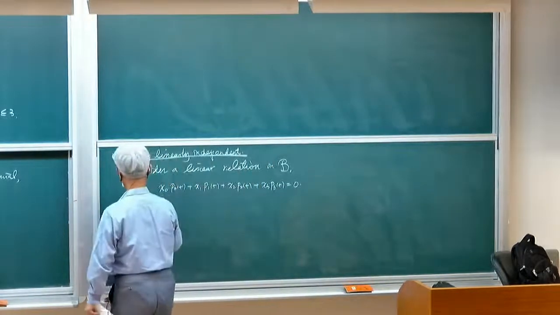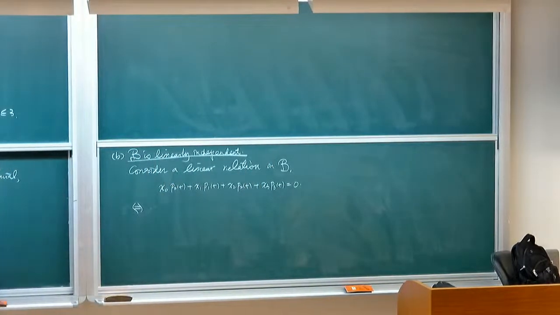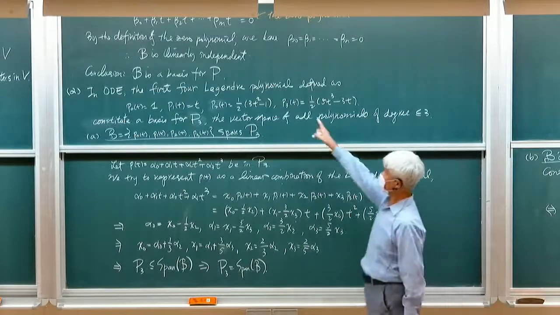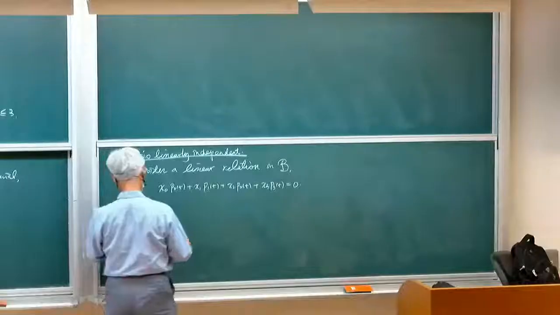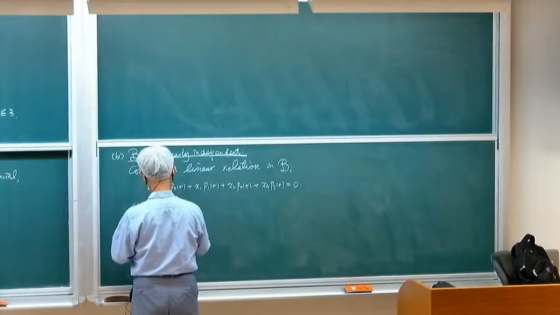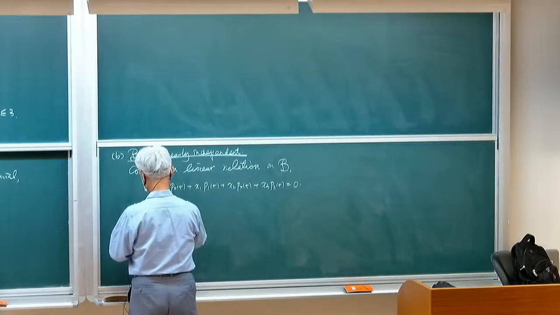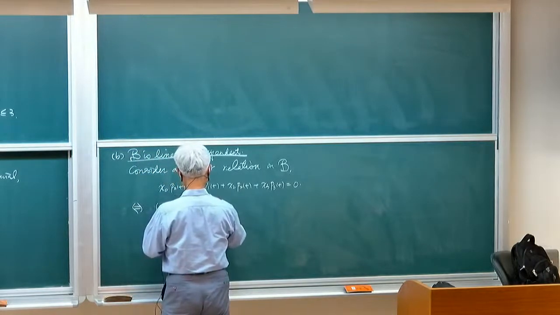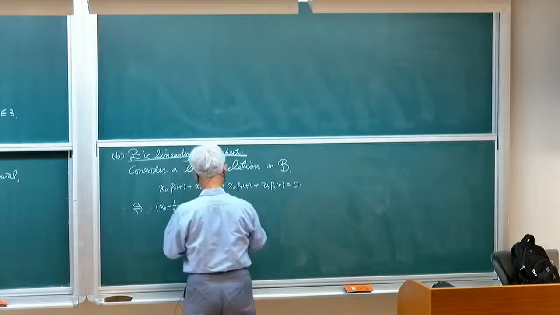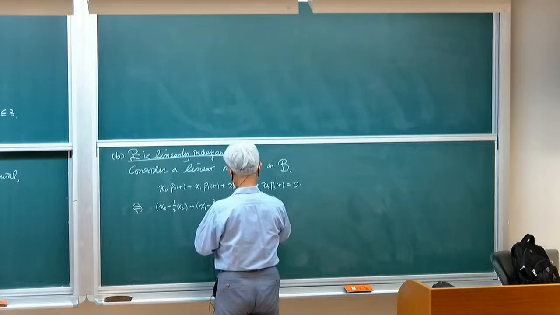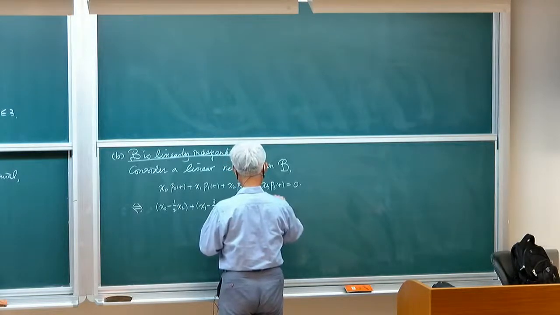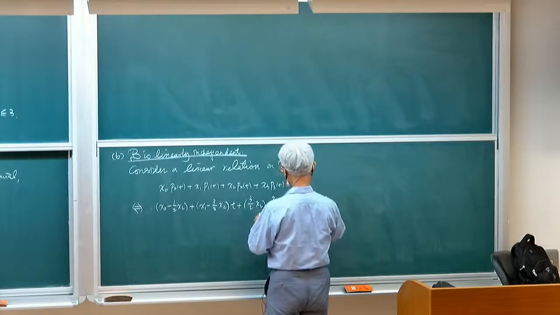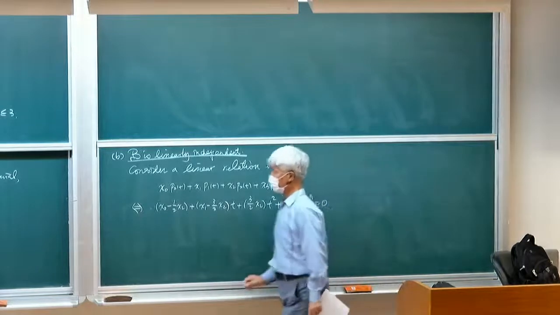Just like this situation, when we plug in the Legendre polynomials, we find that we have (x0 minus 1/2 x2) plus (x1 minus 3/2 x2) t plus 3/2 x2 t squared, plus 5/2 x3 t cubed, equal to 0.